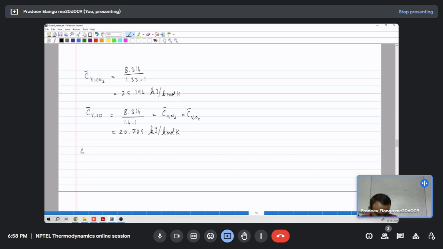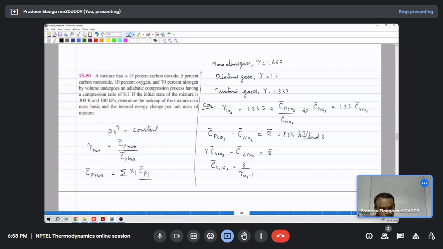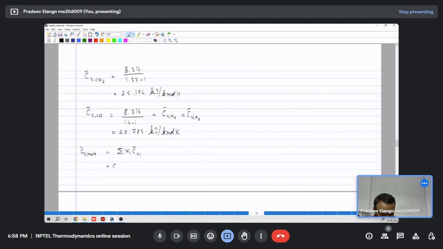Now Cv of the mixture is the summation of xi Cv bar i. So that is 15% of carbon dioxide, 0.15 times 25.194, plus all other diatomic gases we can take as one unit.